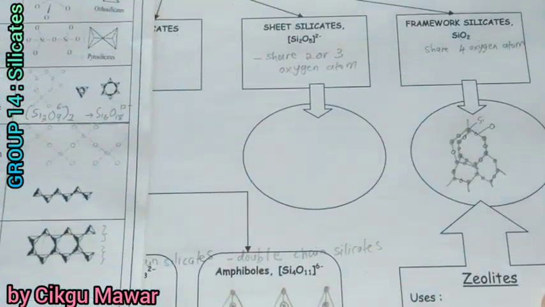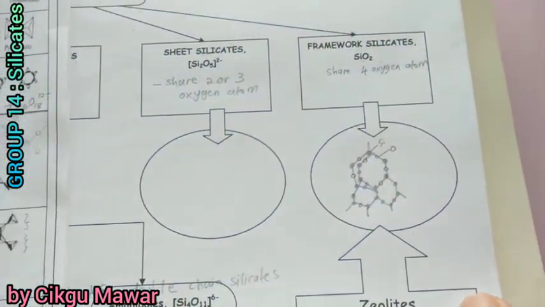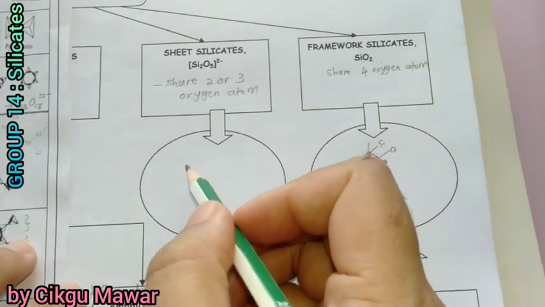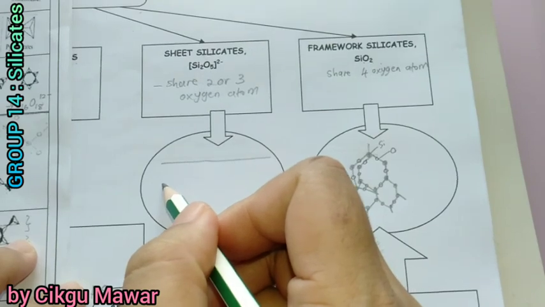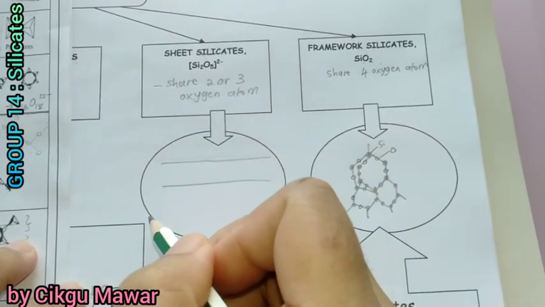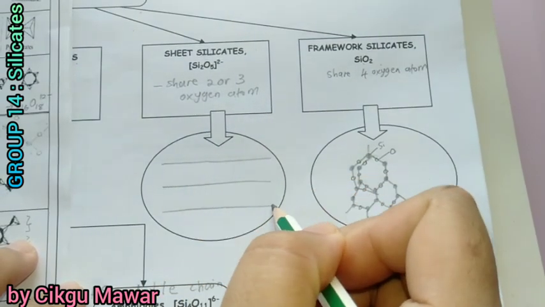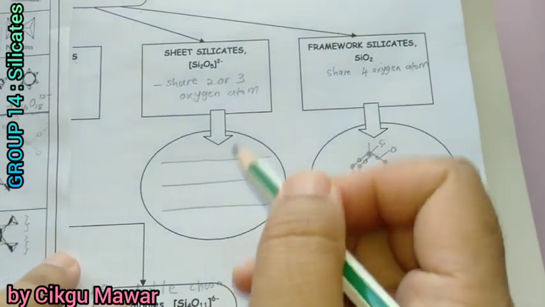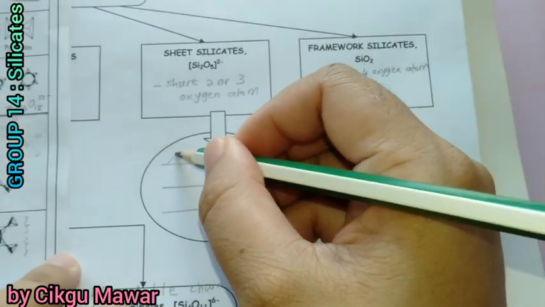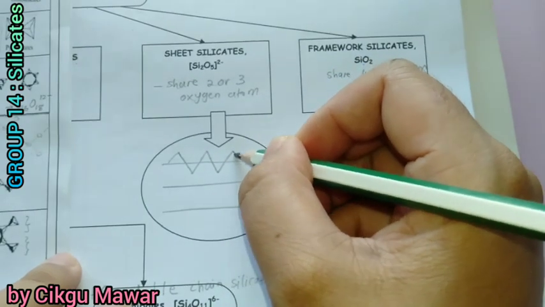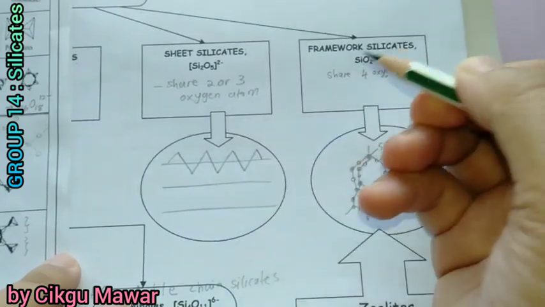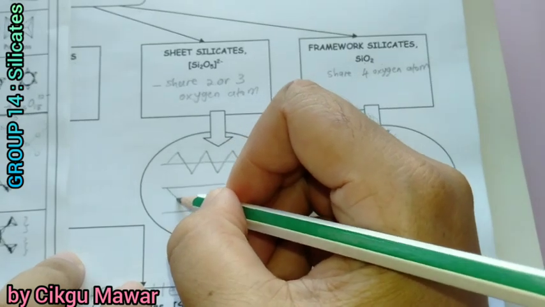Alright, now let's draw the sheet silicate here. Sheet silicate means it's more than 2 chains, so you must draw more than 2 chains, like we drew for pyroxene earlier.